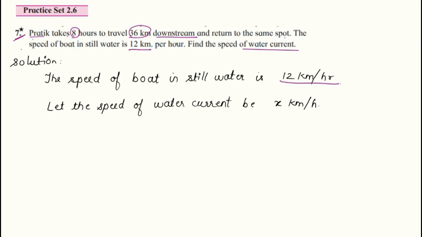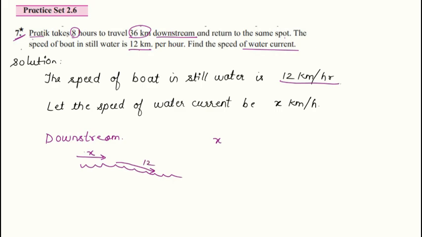How will we find that? Downstream means the water current as well as the boat are traveling in the same direction. The speed of water current is x, and the speed of boat in still water is 12.